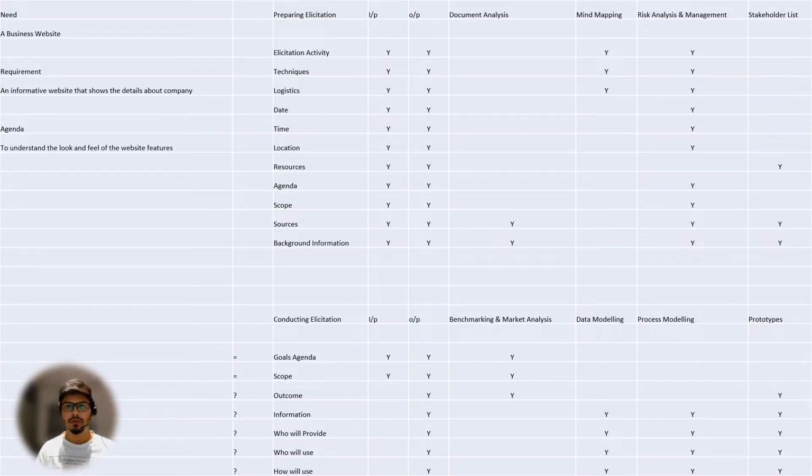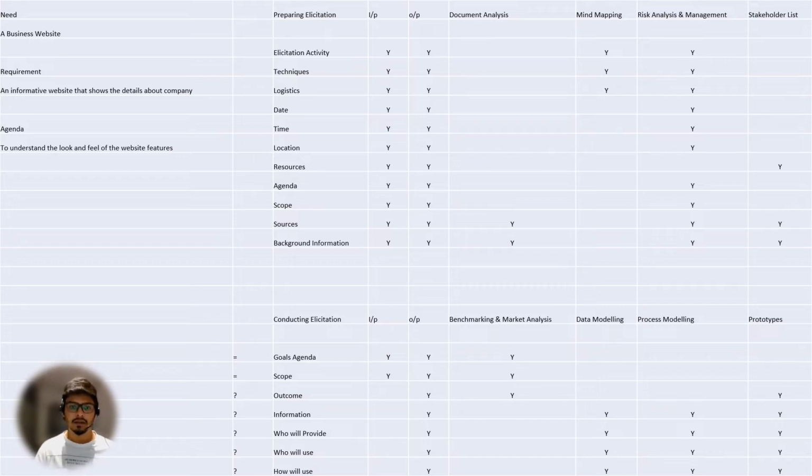Now before you conduct an elicitation activity, you will prepare first. So you will see here I have mentioned different tables, that is prepare elicitation and conduct elicitation. I have also mentioned input and output, and then you've got different techniques you can use for conducting elicitation and preparing elicitation.